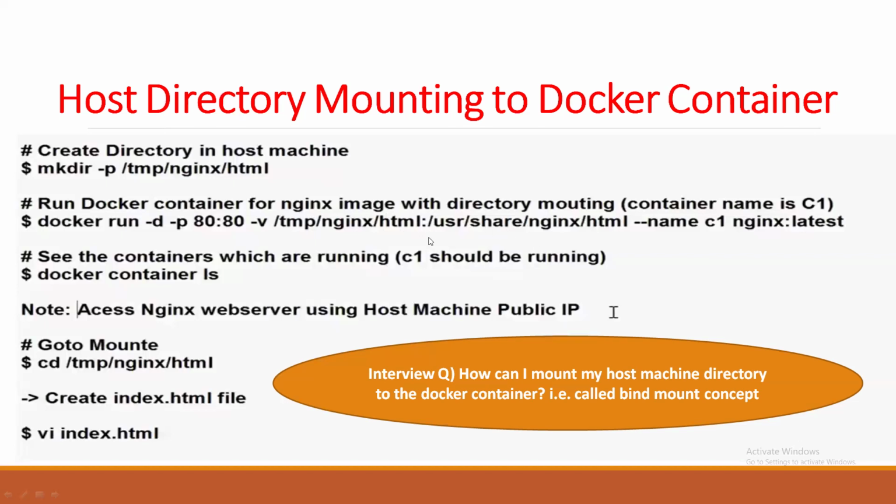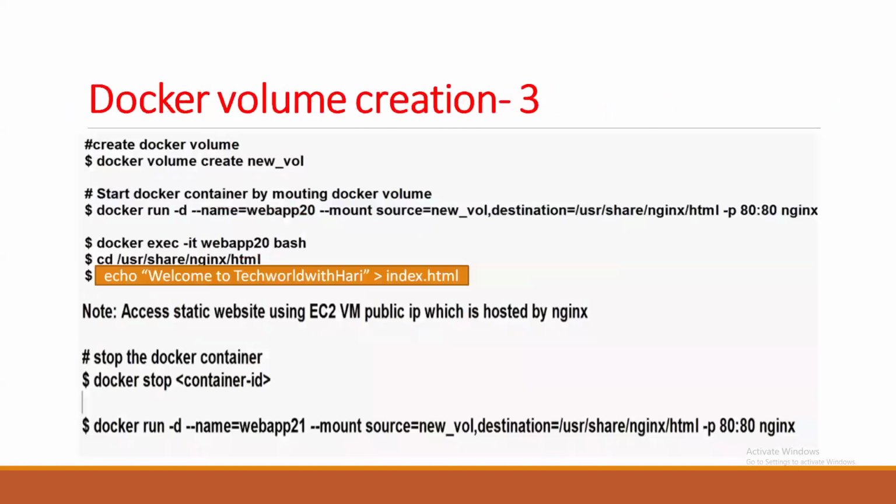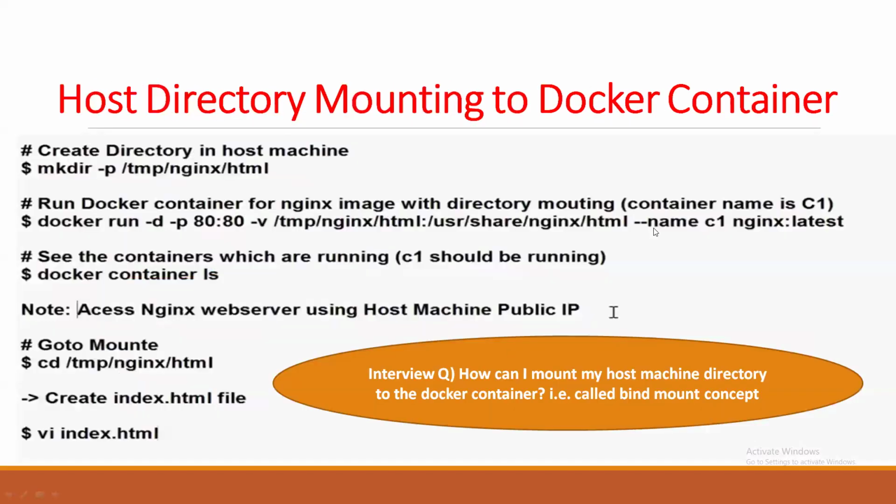How can you mount with a Docker volume? We can use --mount with source equal to the new volume and destination equal to this one. But you can also create a host directory mounting. You create the directory on the host machine, then attach it to the mount in the Docker container.